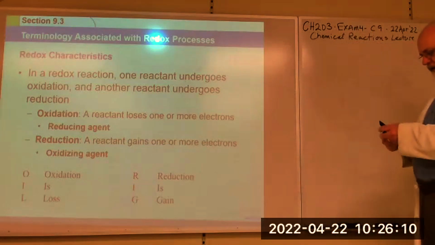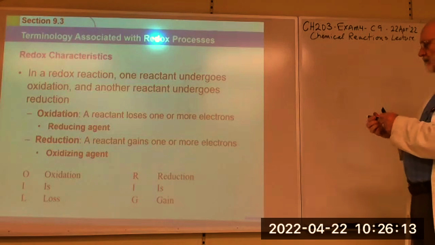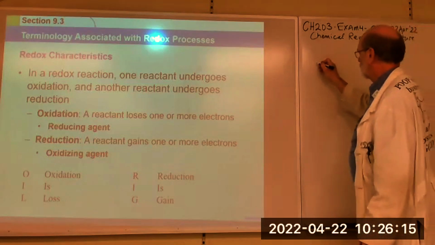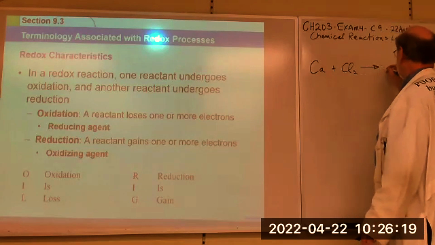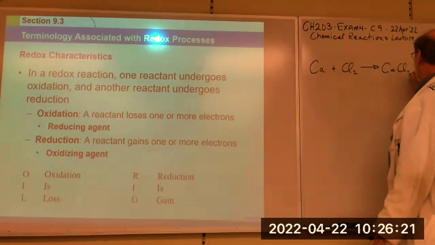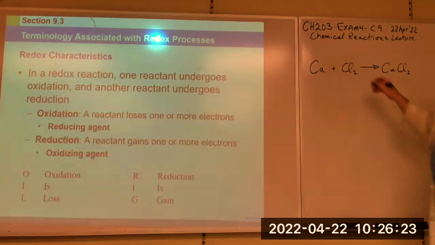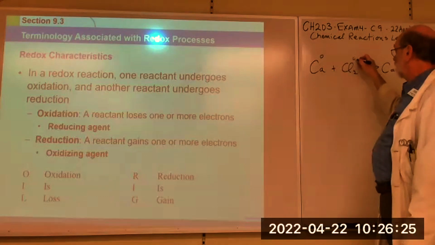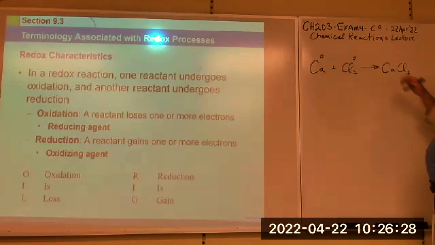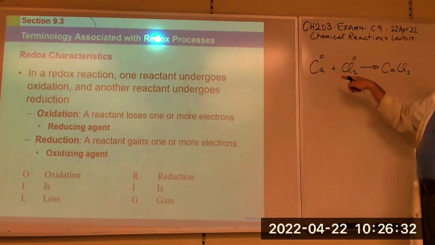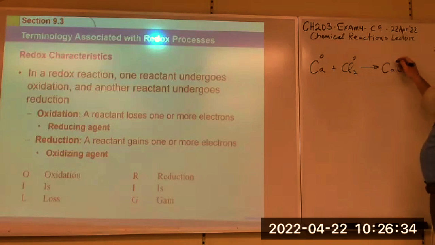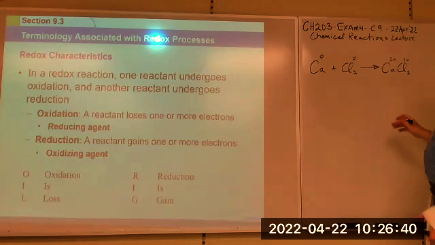Let's use our calcium and chlorine example that we had previously. So there's calcium and chlorine yields calcium chloride. There we go. So if we start off with 0 here and 0 there, and by the way, that 0 is for each chlorine, then on this side, we have 2 plus and we have 1 minus. All right, so what's happened?